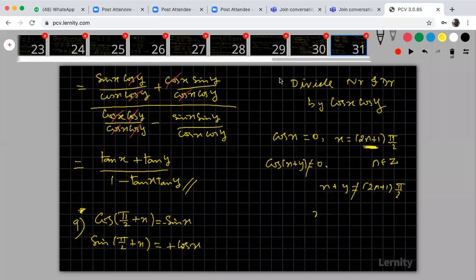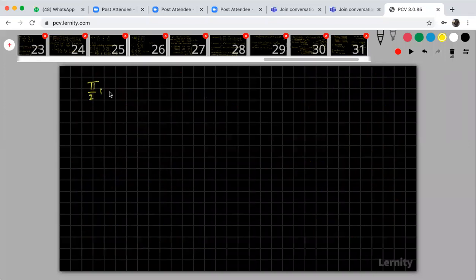Cos of pi by 2 plus x is minus sin x. Sin of pi by 2 plus x is cos x. Students, please try to understand this: pi by 2 plus x, pi by 2 minus x. Similarly, 3 pi by 2 plus x, 3 pi by 2 minus x. These angles are given.